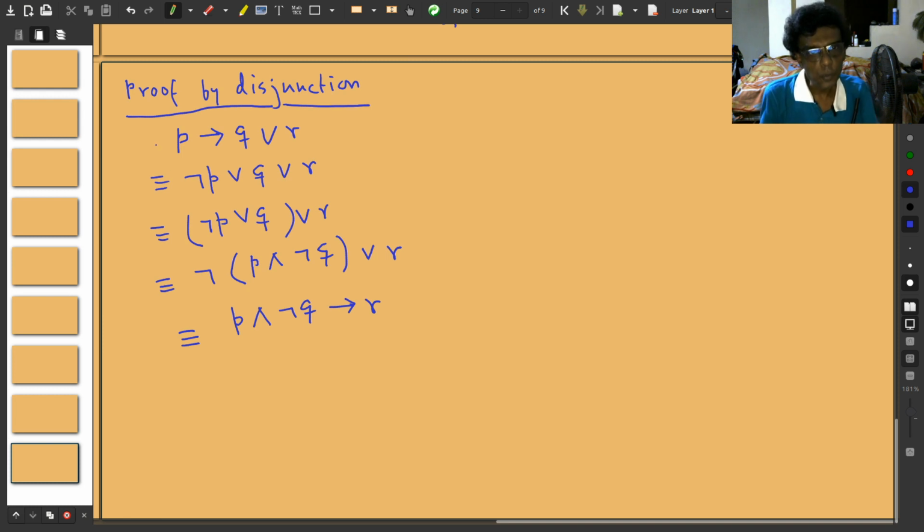So in order to prove that P implies either Q or R, what you can start with is that P is true and Q is false, and then you show that R must be true. Okay. So this is a complete proof. You do not again have to show that P is true and R is false, then Q is true. Only this much is good enough.